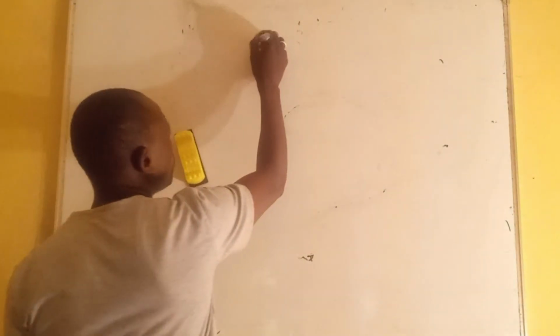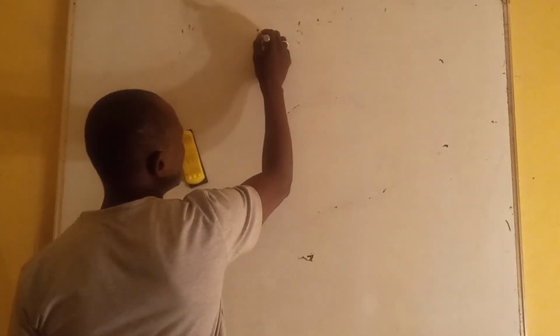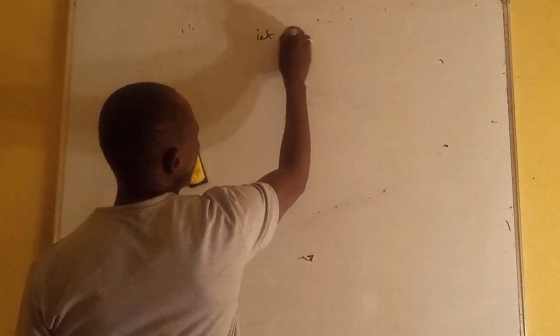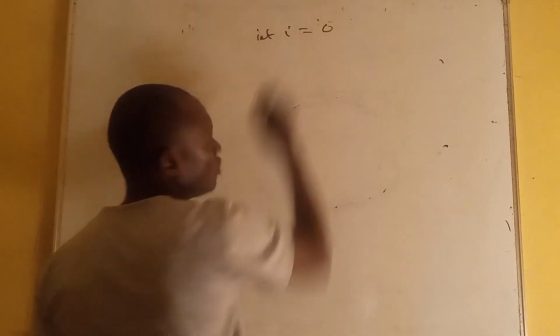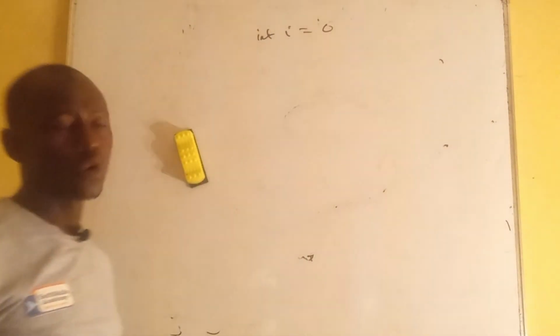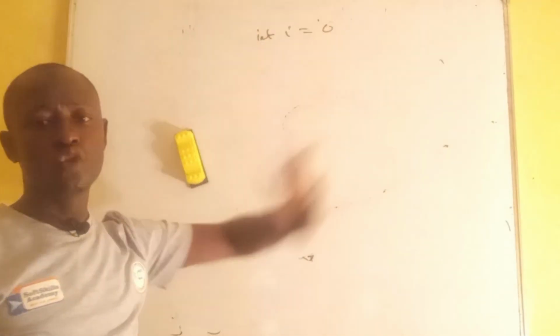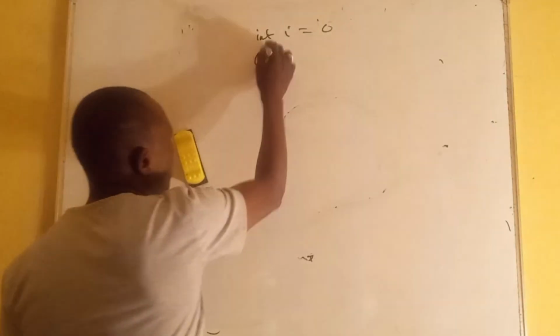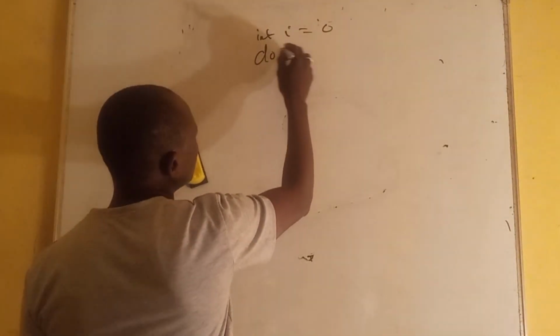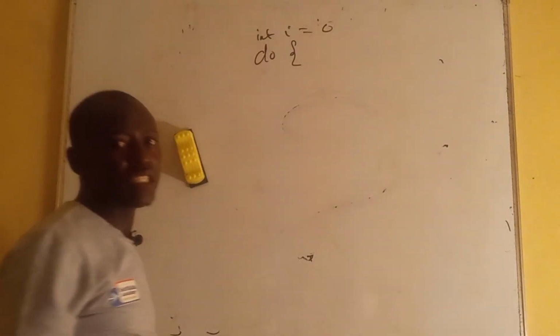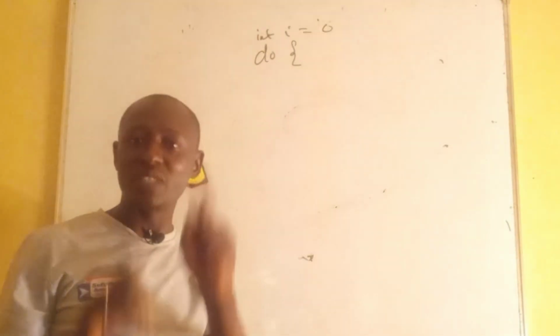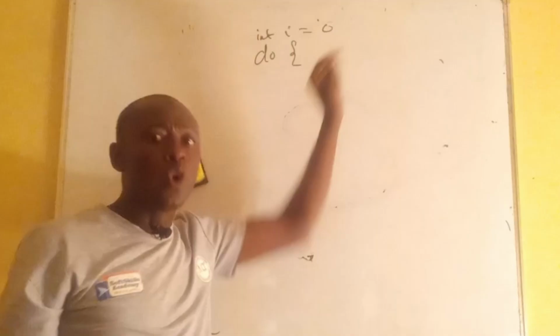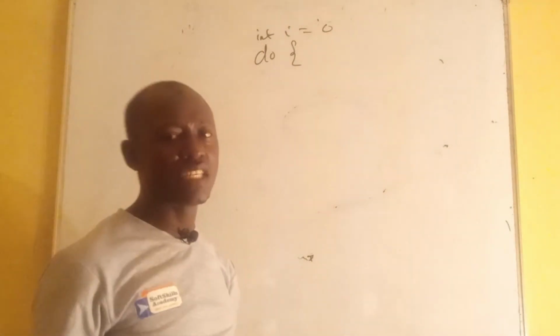Let's assume we initialize our i again to be 0. So we now write do, and here we are going to start with a statement. You see, that's the difference. No matter what, it must execute.